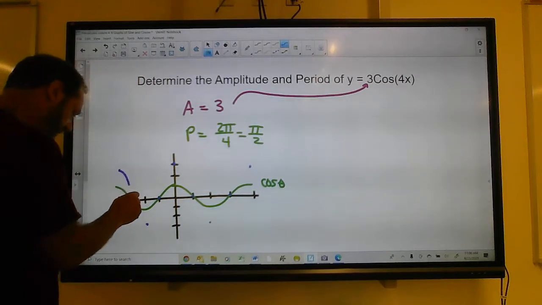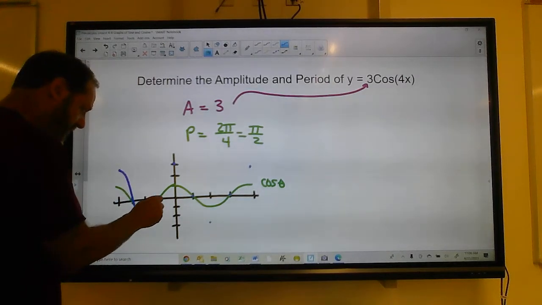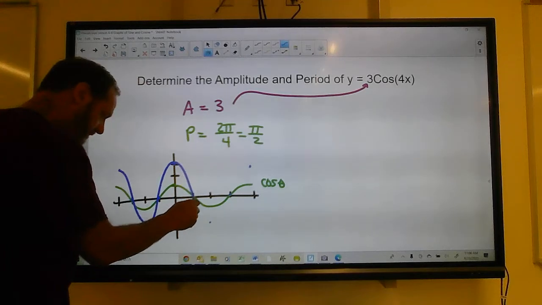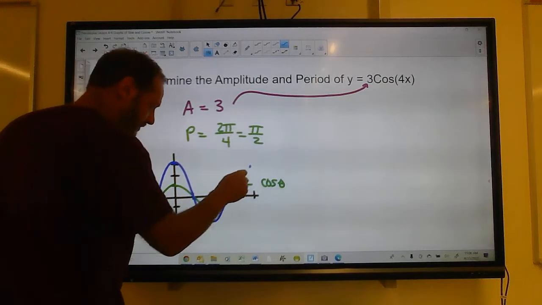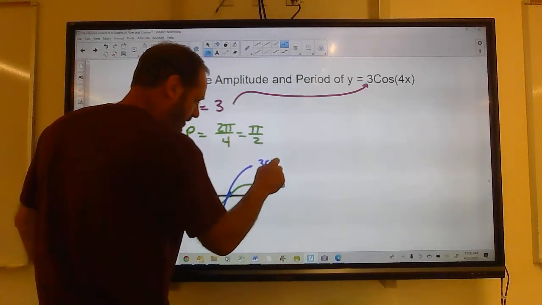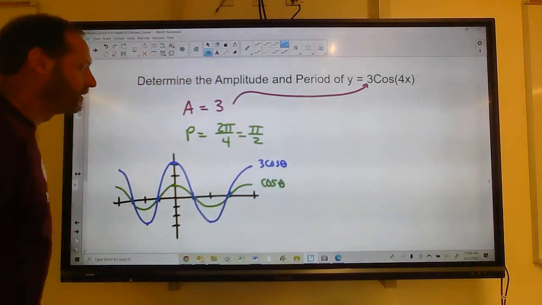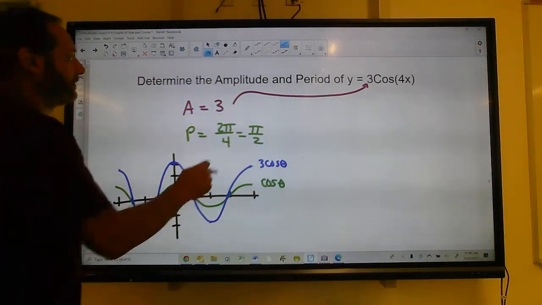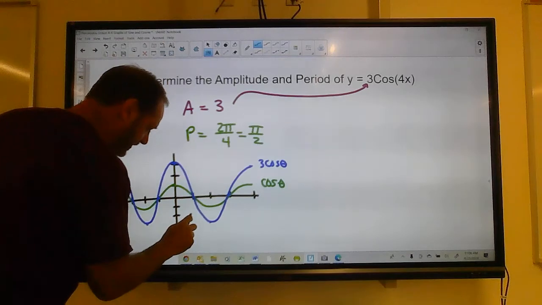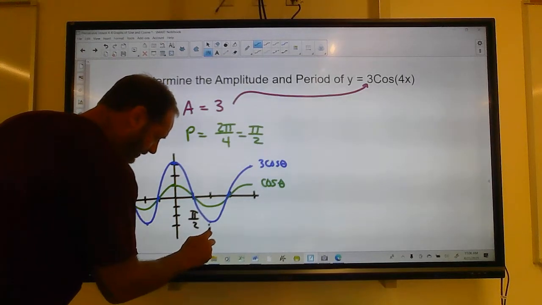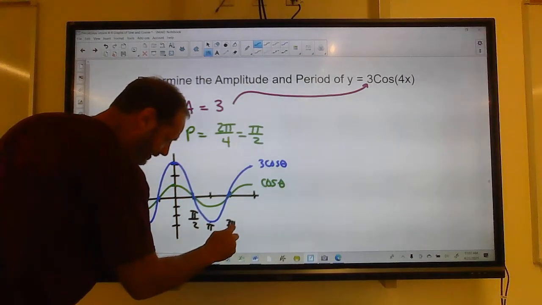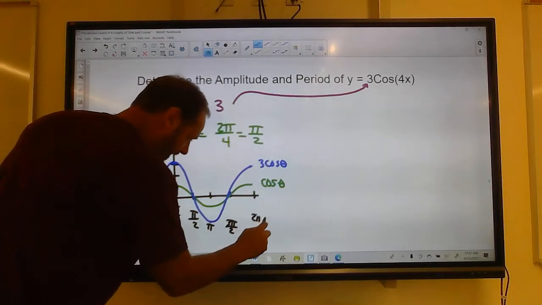So this thing's going to go like this. So that's 3 cosine theta. Okay, now remember that this was pi over 2, this was pi, this was 3 pi over 2, and this is 2 pi.